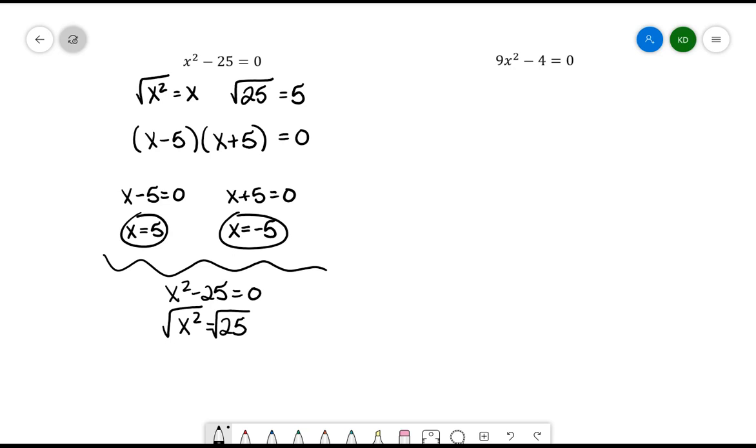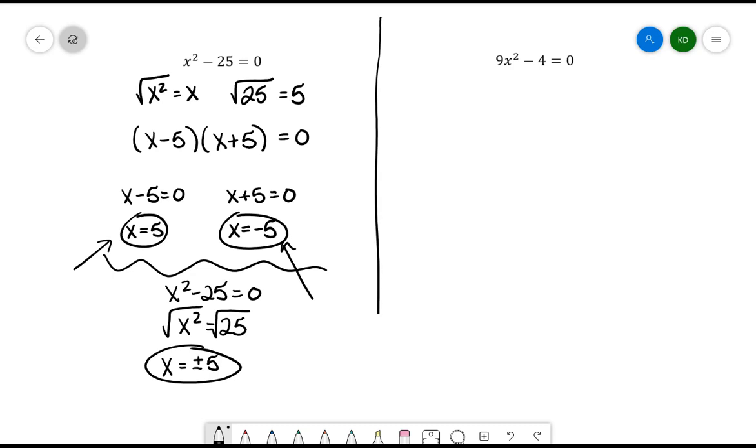So when you go to take the square root, you also have to remember that you're going to have a principal square root and a secondary square root. So you'll have to look at plus or minus 5, which is going to compensate for those 2 answers that we had previously.